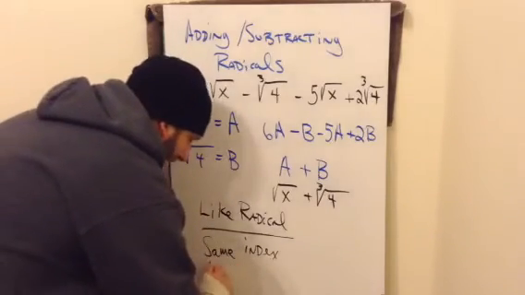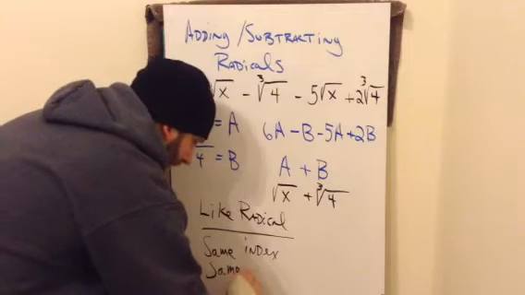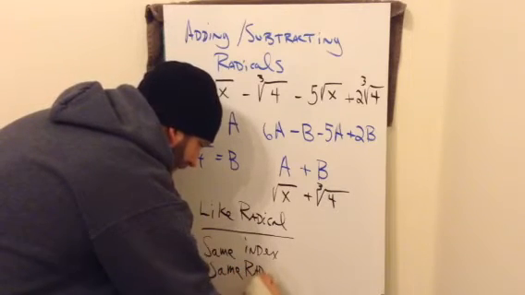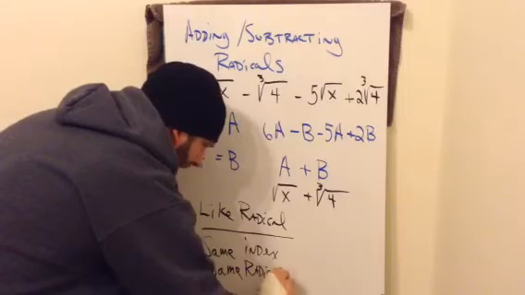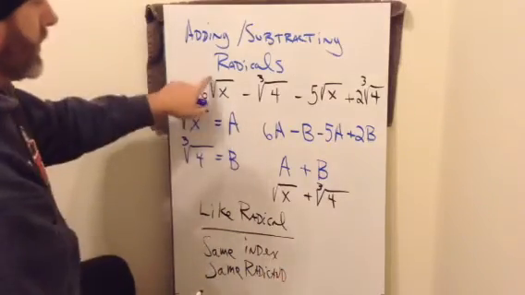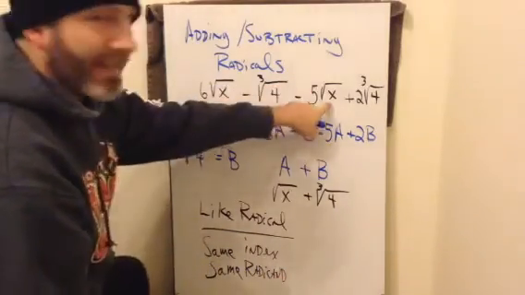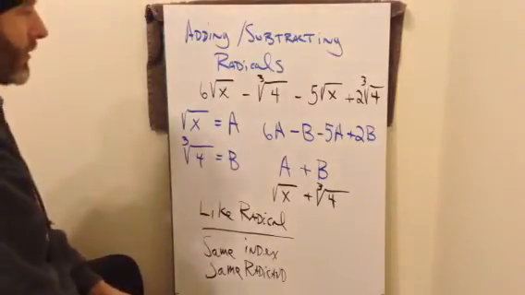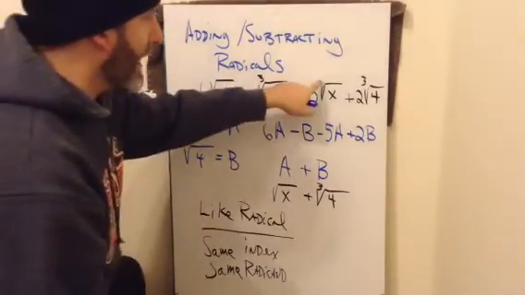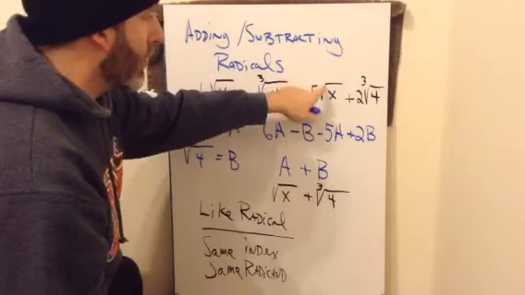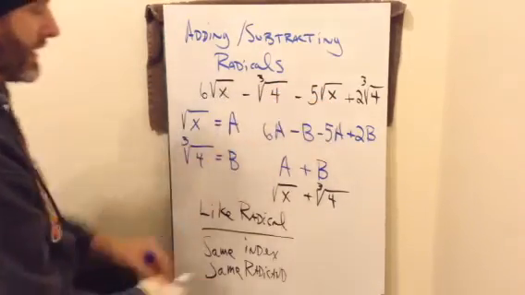We also need the same radicand, the information underneath the radical. Square root of x, square root of x, those would be like radicals. If this is a square root of x and this was a square root of y, they would not be the same.